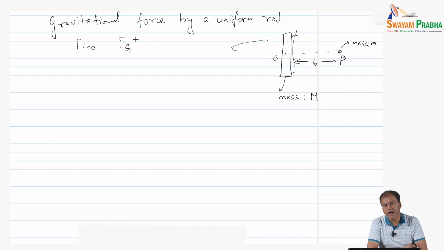So instead of two point masses which are kept at opposite ends along the y-axis, and let me also fix my frame of reference, we now have a continuous distribution of mass in the form of a rod.